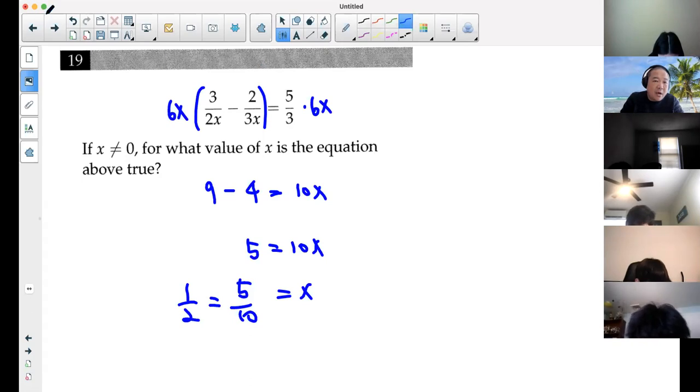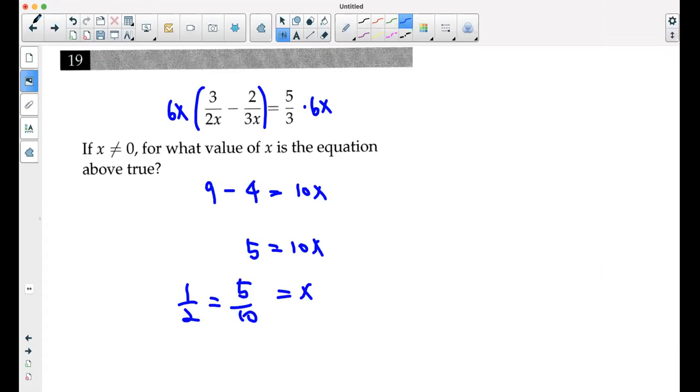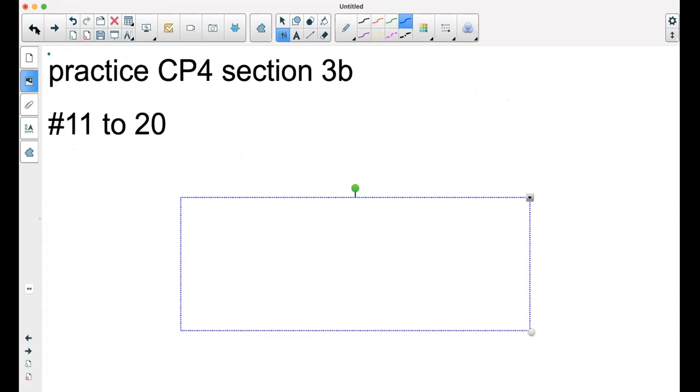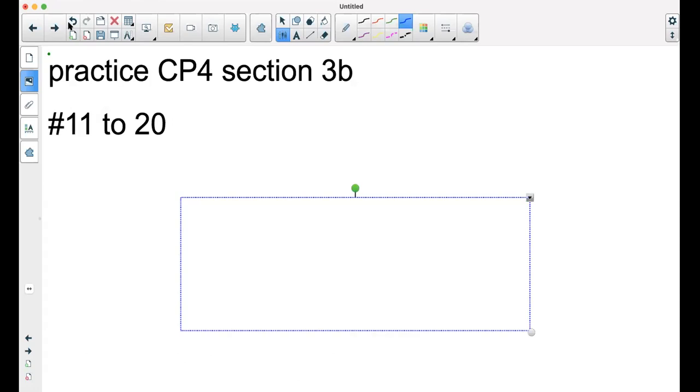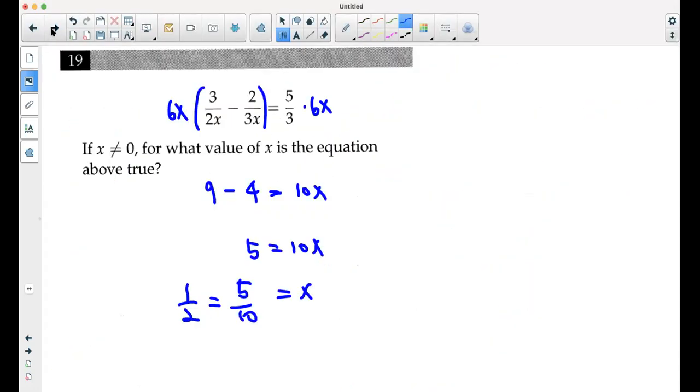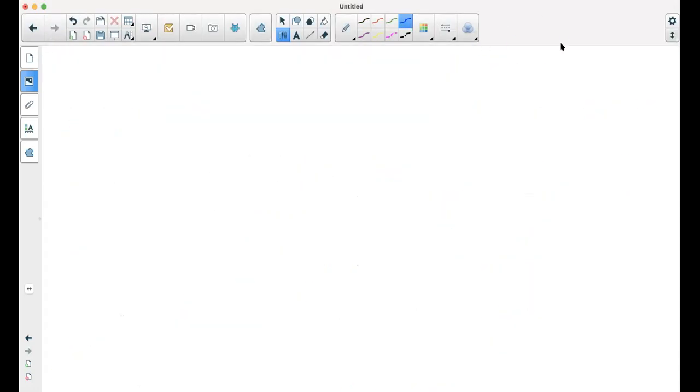I think we have gone over up to question number 27. So I think we're going to go over the rest of them now. Which means 28, 29, and 33, 38. Okay, and then I have 18 as well. So 28, 29, 33, 38.